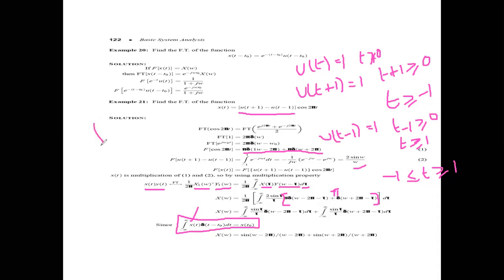Suppose the integral from minus infinity to infinity of x of t with delta of t dt is always equal to x of 0 only, because the delta function has only one value at t equal to 0. Suppose the integral from minus infinity to infinity of x of t.